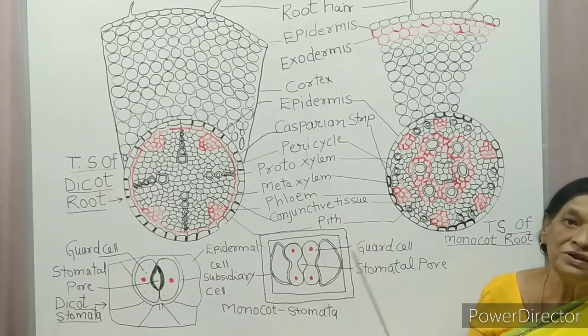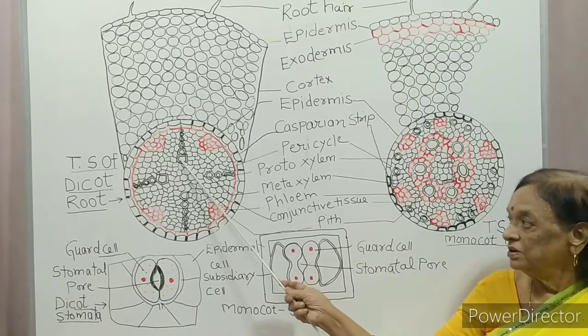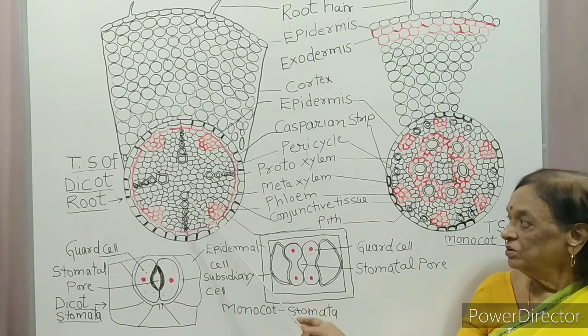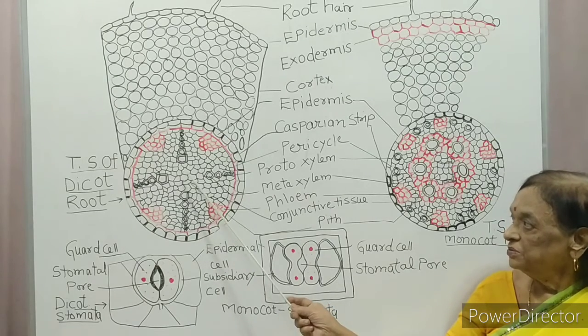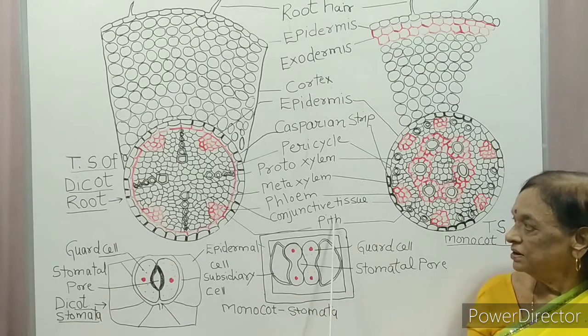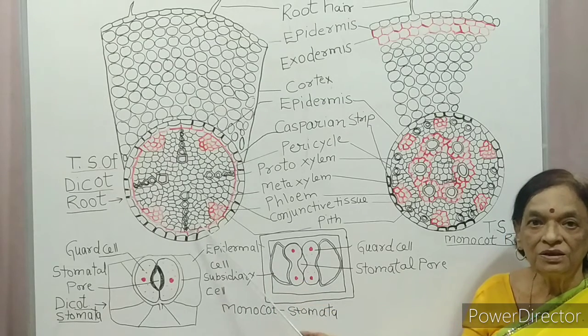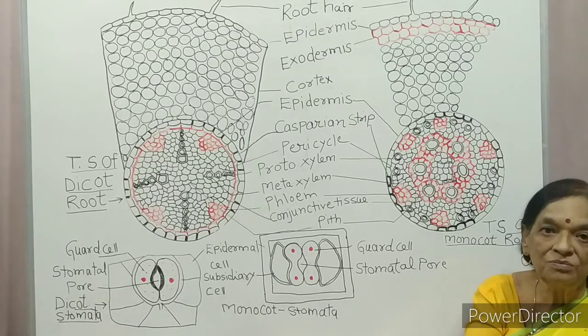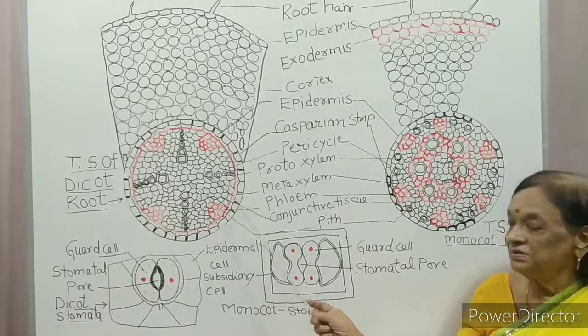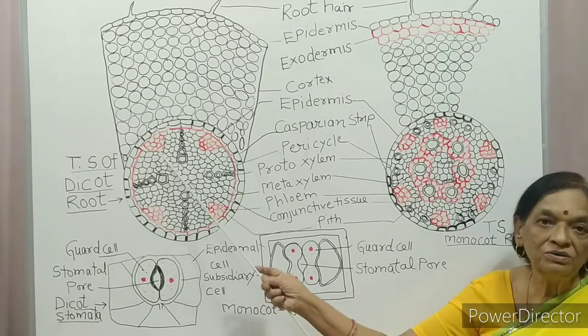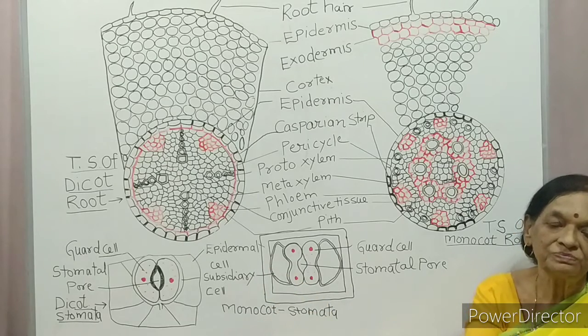How is xylem arranged? Metaxylem, big xylem, towards the pith. Pith means central part. So big xylem, metaxylem, is towards the pith and small xylem vessels are towards the periphery.